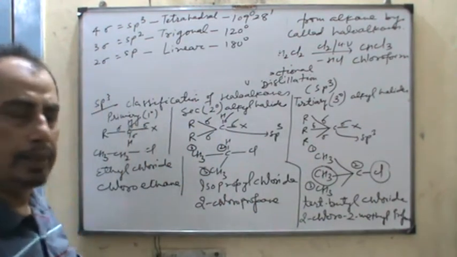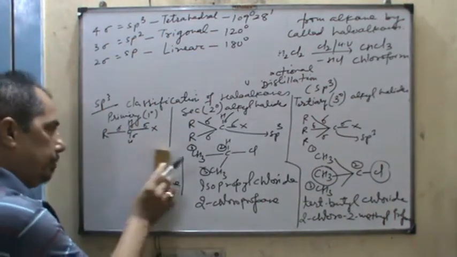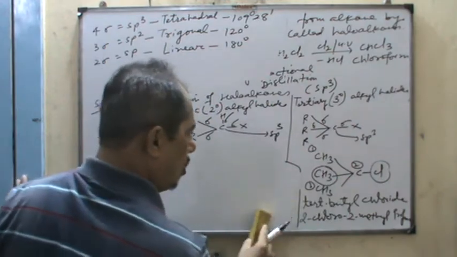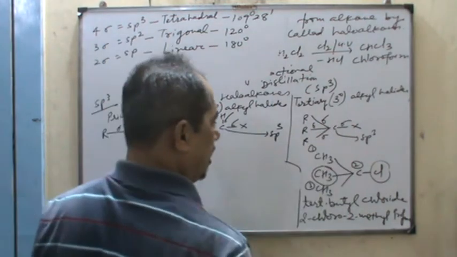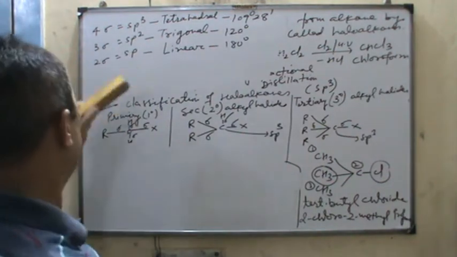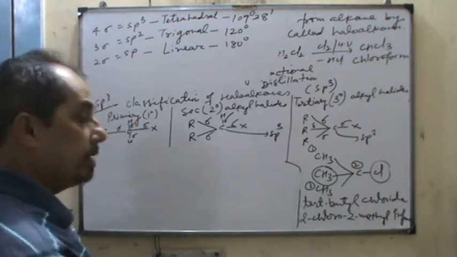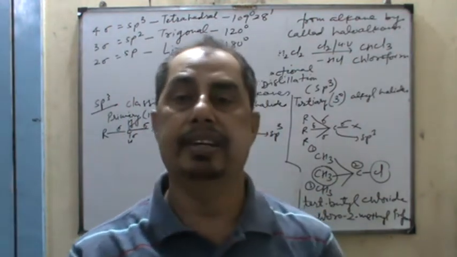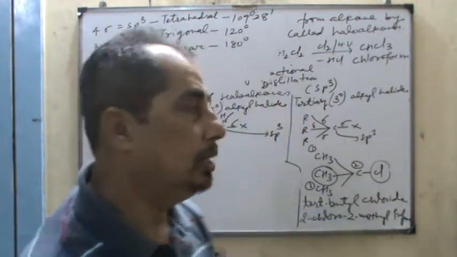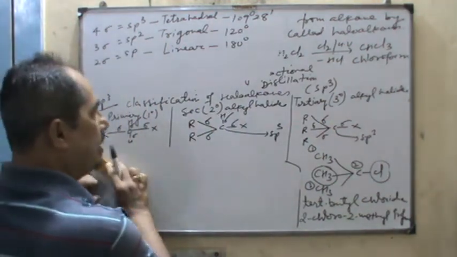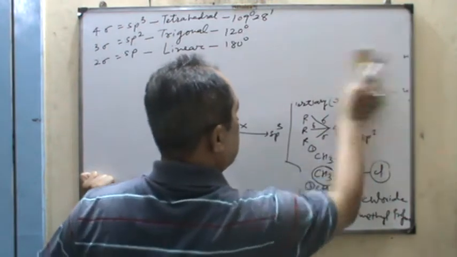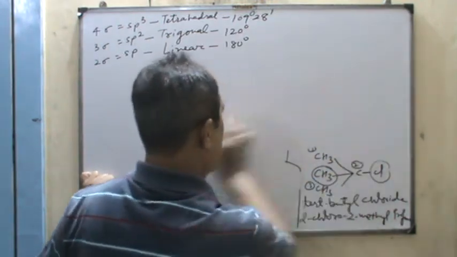So dear students, if you calculate the type of hybridization, you can go for sigma, sigma and sigma. And carbon does not exceed more than sp3 hybridization, because carbon does not have vacant d orbitals. Because carbon has only 2 energy levels, so it contains only s and p orbitals, not d orbitals.